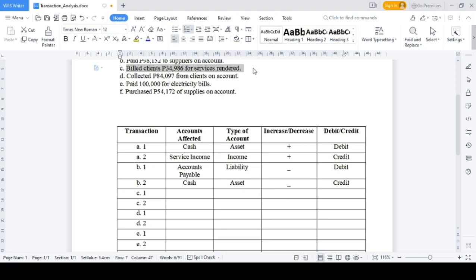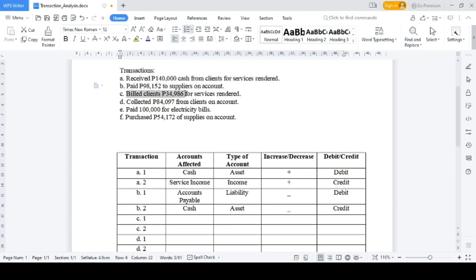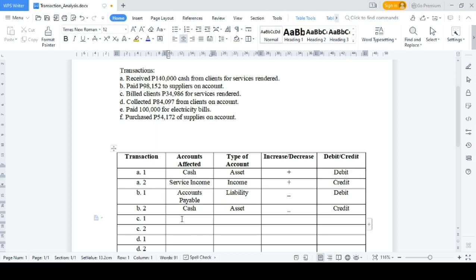Why accounts receivable? Since they billed their clients, meaning they have money expected to enter their account, or they are expecting money from their clients for services rendered. So when a business provided service, it is service income.